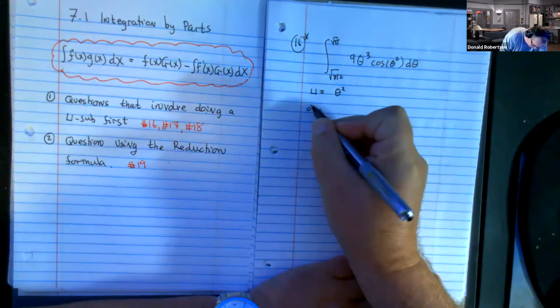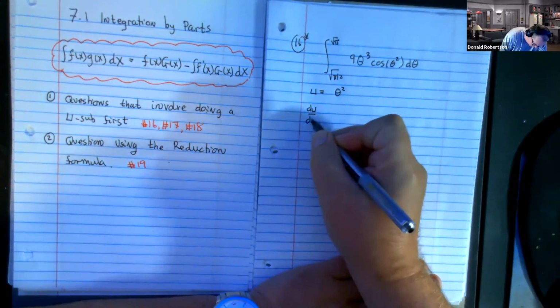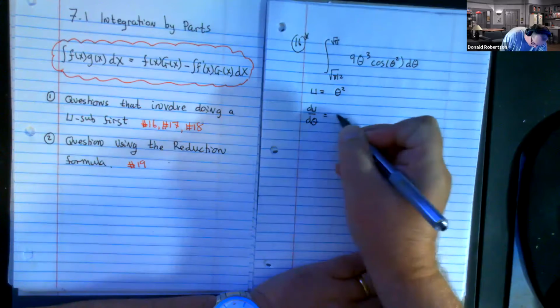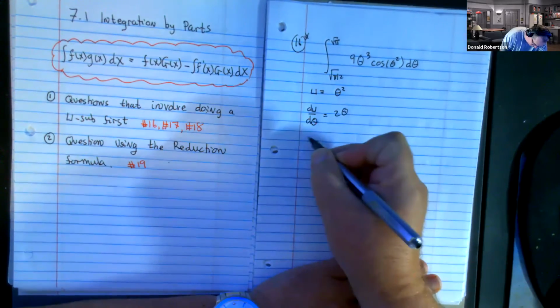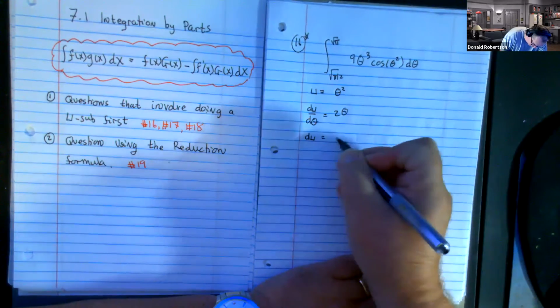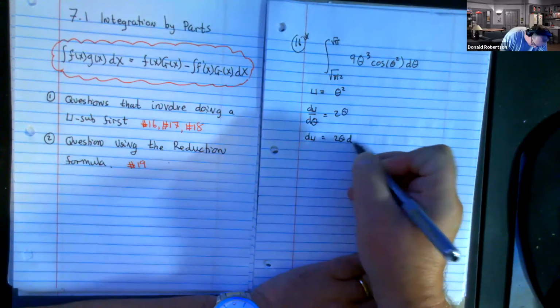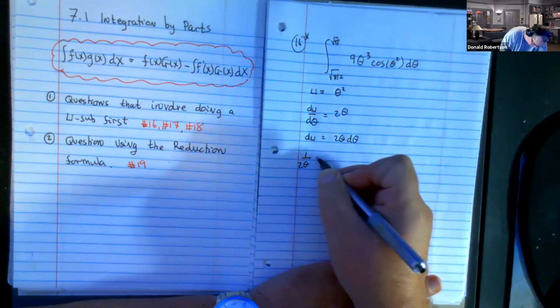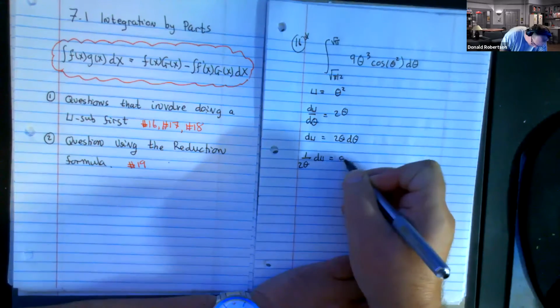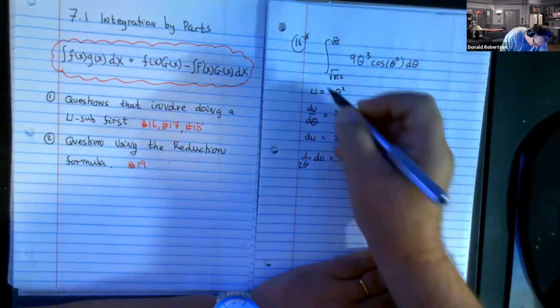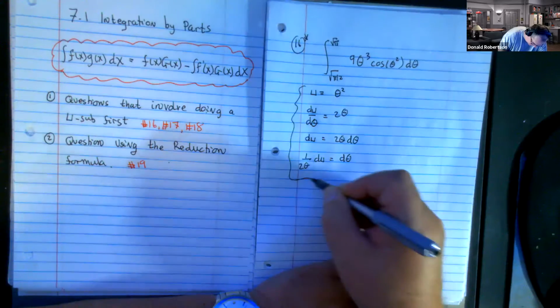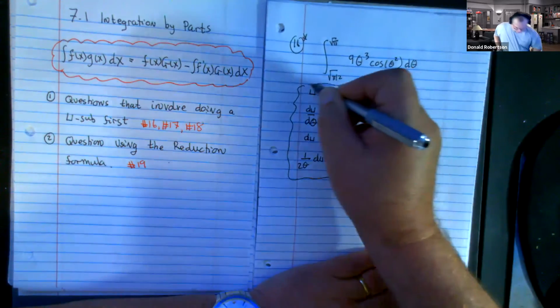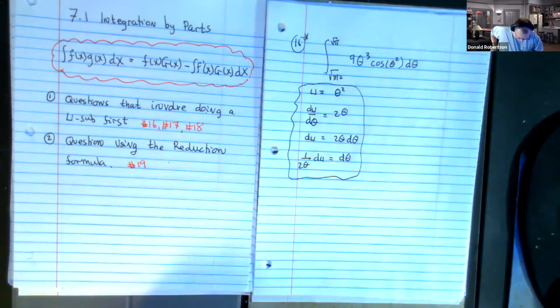So we differentiate u with respect to theta, get 2 theta. Do the crossover. And then we divide both sides by 2 theta to isolate it. And there is the working for our U-sub.